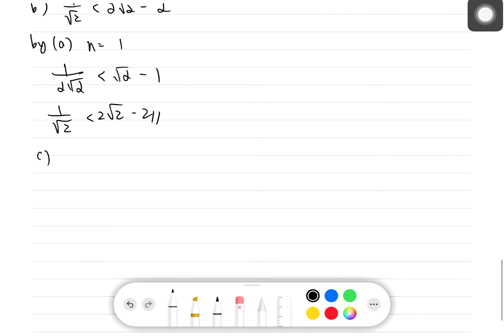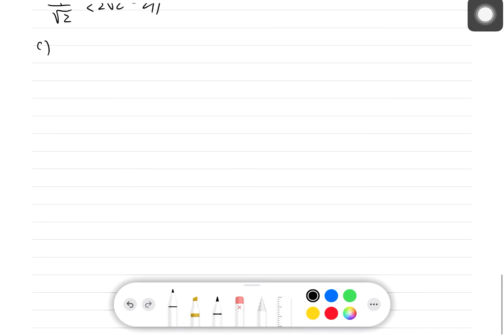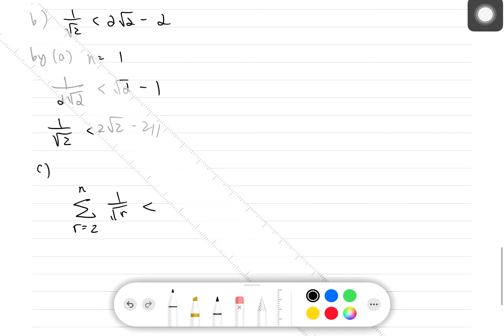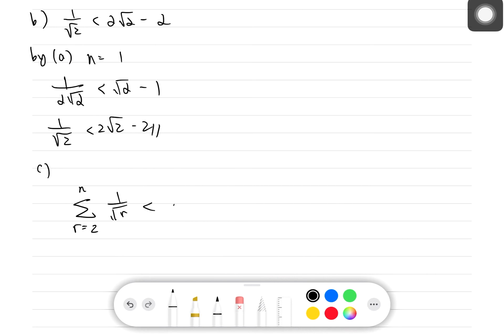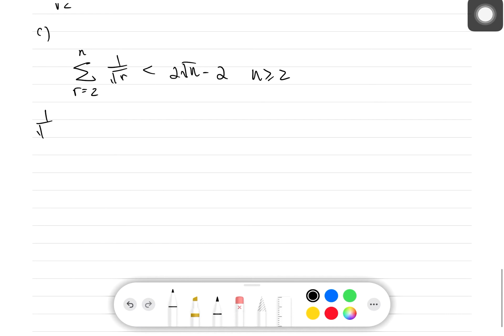So the question is to show that 1 over root 2, all the way to 1 over root n, is smaller than 2 root n minus 2 for n greater than or equal to 2. So we could write this in a nicer way. It's basically this, all the way to 1 over root n is less than this.